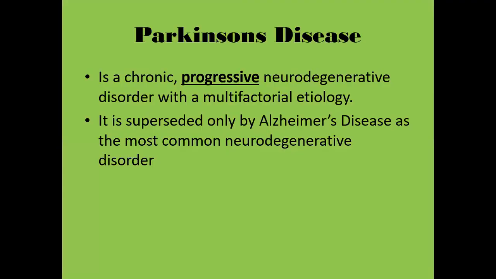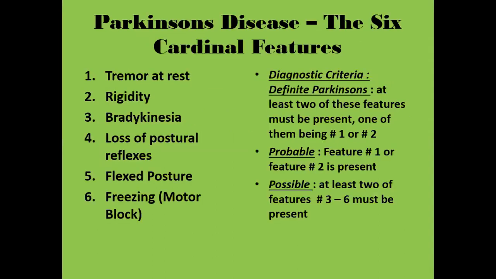Parkinson disease is a neurodegenerative disorder characterized by tremor, rigidity, bradykinesia, dyskinesia, short shuffling gait, and festinant gait. The next slide describes six cardinal symptoms, along with two more: flexed posture and freezing.